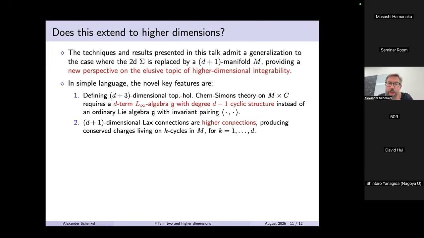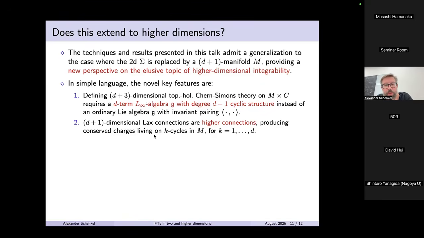Now, when you run the same games, you introduce a definition of singularity structures. You can extract from this L-infinity algebra one which describes higher Lax connections. And these higher Lax connections are indeed higher connections here because the structure, the algebra, is a higher Lie algebra. So these are higher connections.